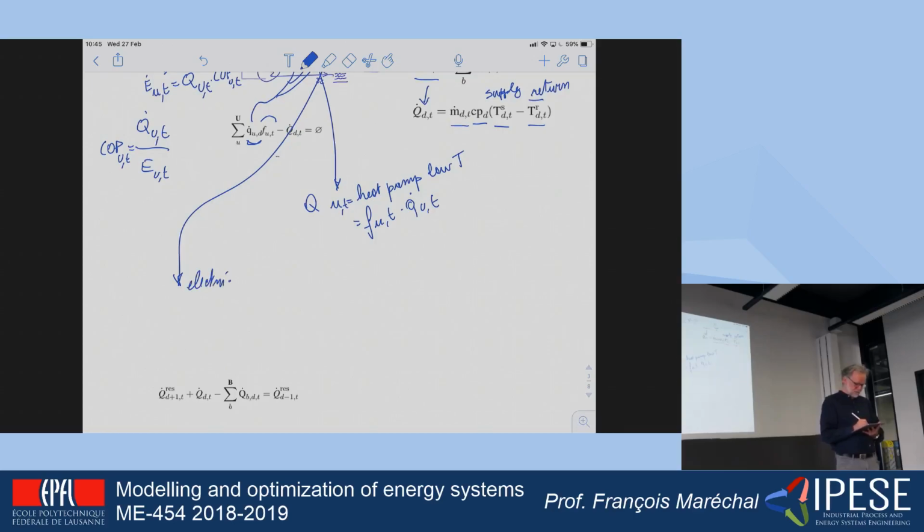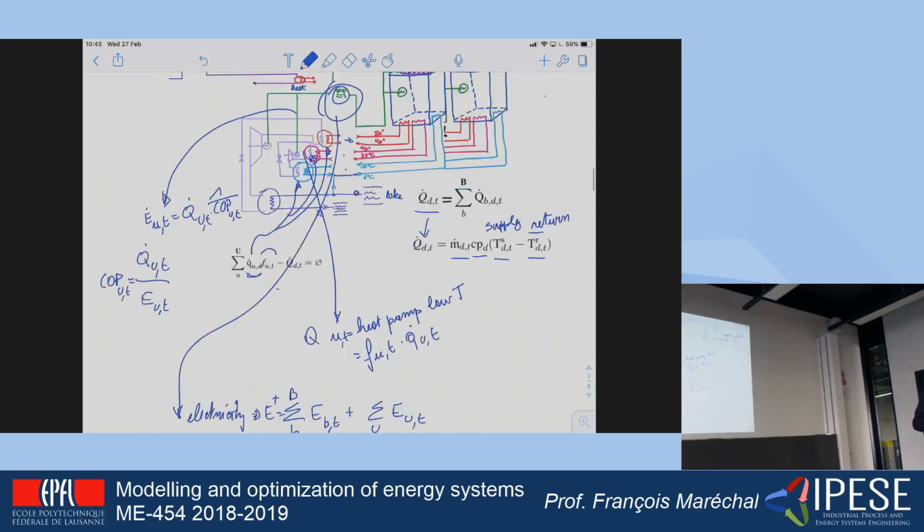and this will be the electricity balance, which is going to say that the electricity that we are going to import is equal to the sum of the electricity that is needed for all the buildings at time T, plus the sum over all the units, okay, of the electricity that is used or needed in each of the units.